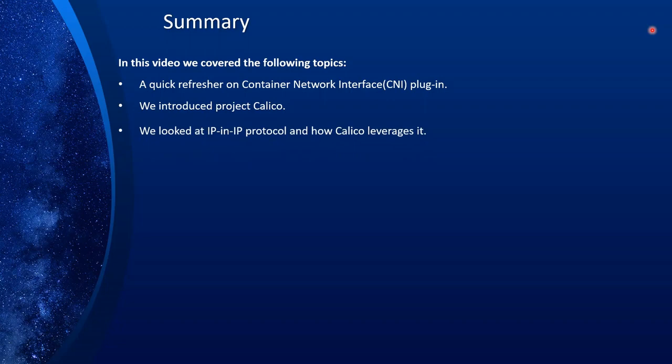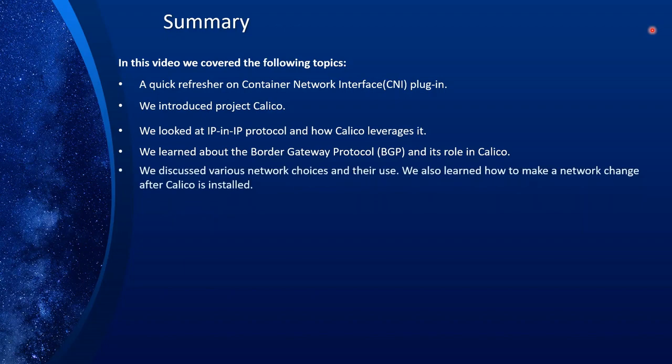We looked at the IP-in-IP protocol, what it is, and how Calico uses it. We learned about Border Gateway Protocol, which is an important topic when you use Calico, and how it's leveraged in Calico. We also discussed various network choices and when to use which. We also learned how to make a network change after Calico is installed.